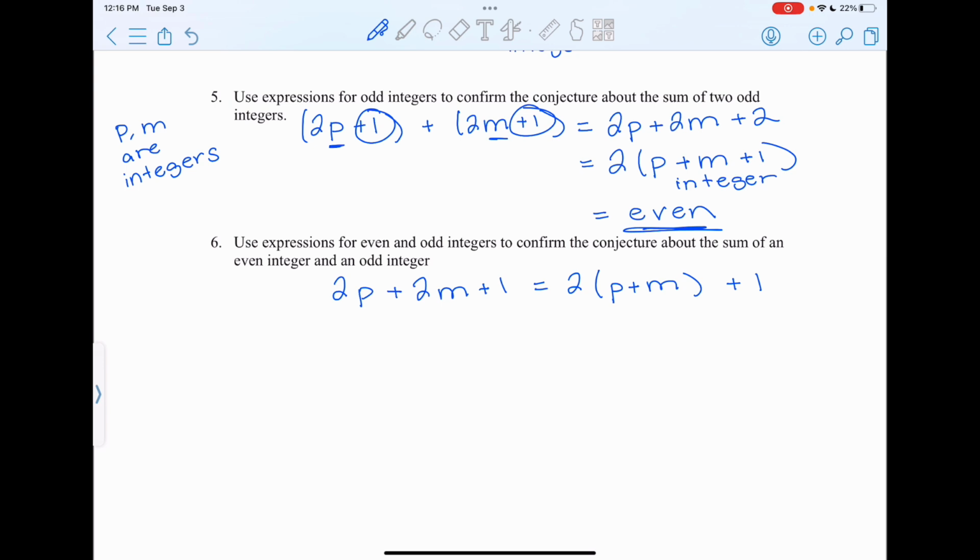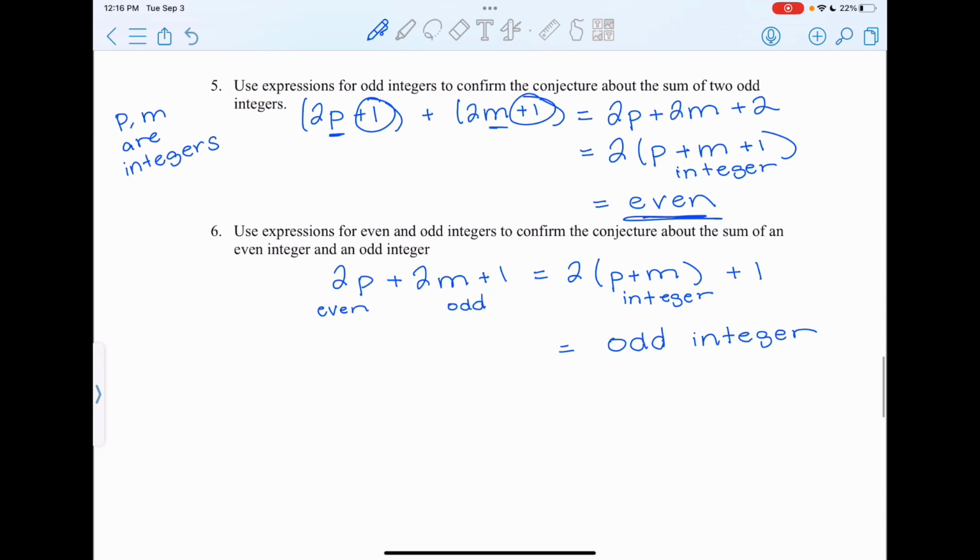And now notice this form. I have 2 times some integer, and then a plus 1 left over. This is the form of an odd integer. And so we just proved that if we add an even integer and an odd integer, our answer will always be odd.